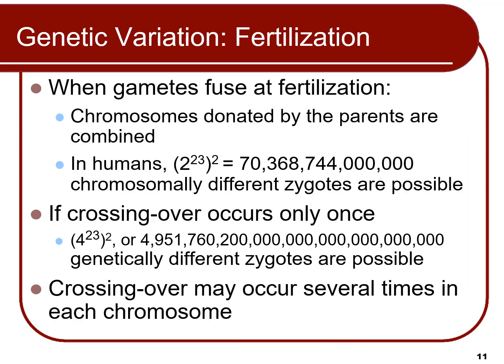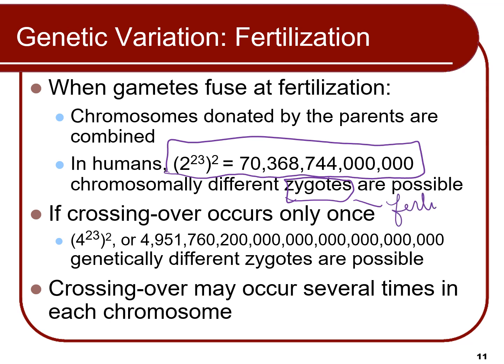Just to give you an idea of what kind of variation is possible, because of the random separating of your parental chromosomes, that gives you this many different possible combinations in a zygote. A zygote is another name for a fertilized egg.